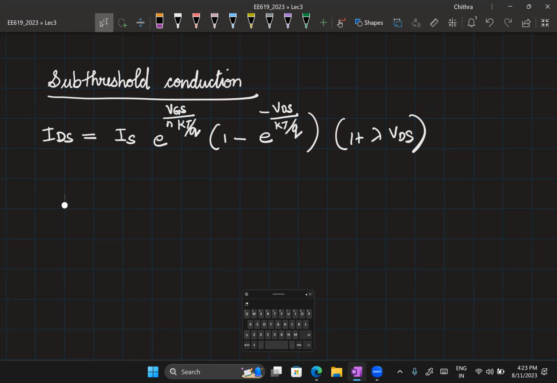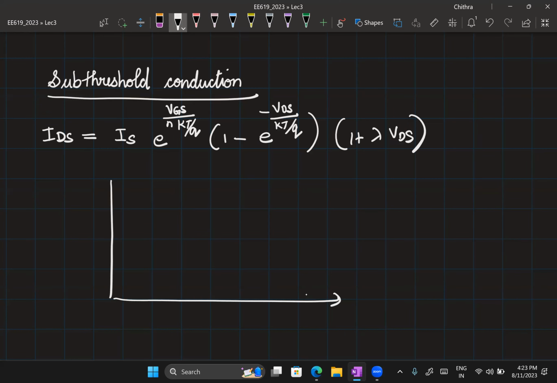So now if I were to plot IDS versus VGS, we earlier said that up till VTH, there is no current. But of course, now we know that there'll be some small value of current. Then it enters the saturation region where it is quadratic. Then it goes to the linear region. So this is linear.